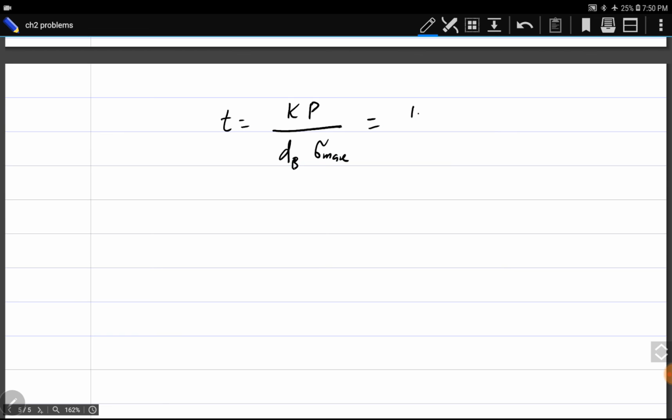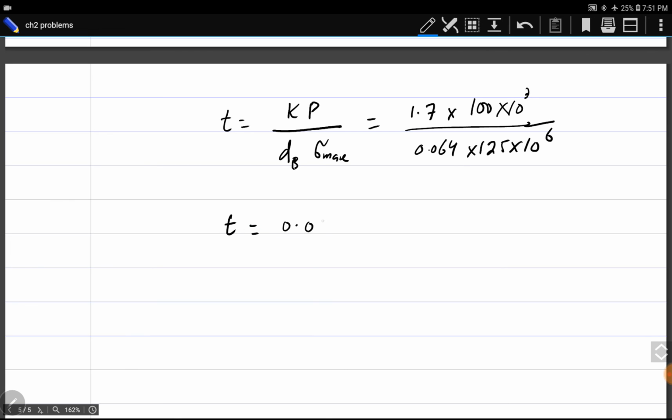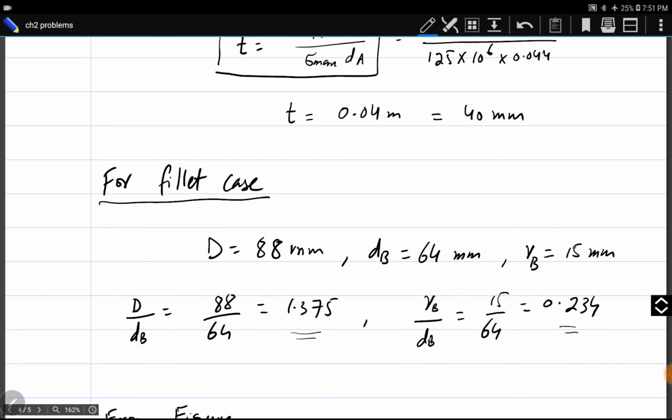By putting the values, K is 1.7, P is 100 into 10 power 3 newtons, dB is 0.064 meters, and sigma maximum is 125 into 10 power 6 pascals. So T comes out to be 0.0212 meters or 21.2 millimeters. Now we have two values of thickness T. One is 21.2 mm and the previous one was 40 mm.